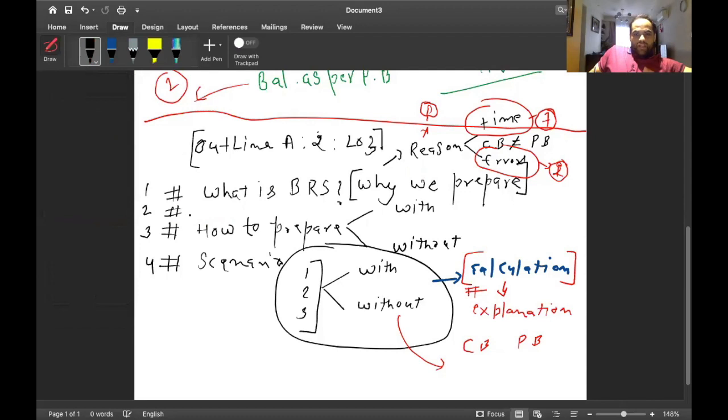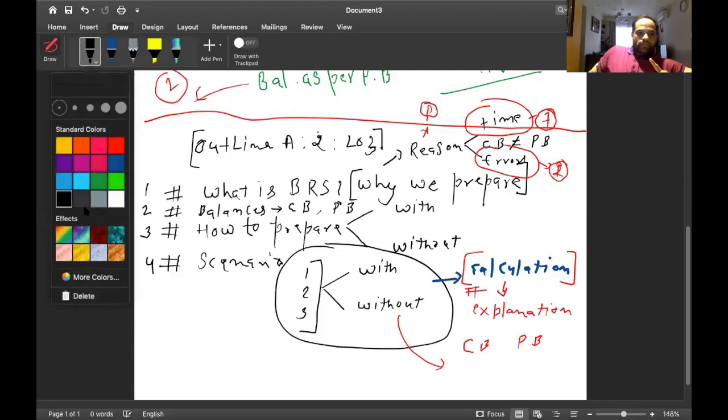I forgot to mention the second point. When you talk about the second point, you're going to explain about balances. Balance as per cash book, balance as per passbook, right?